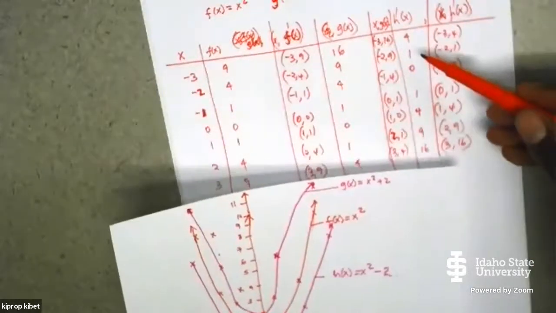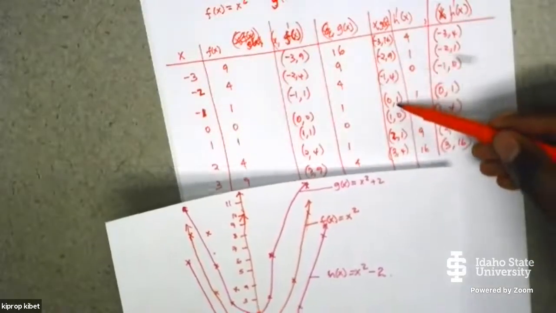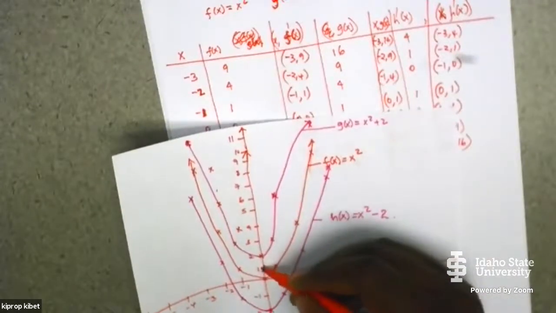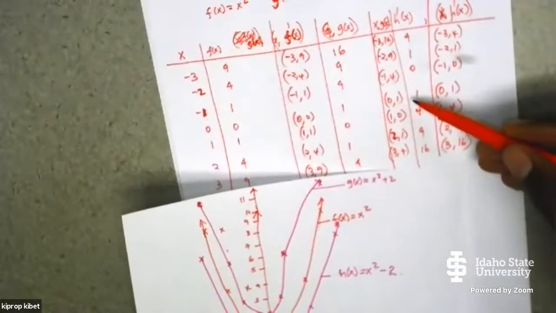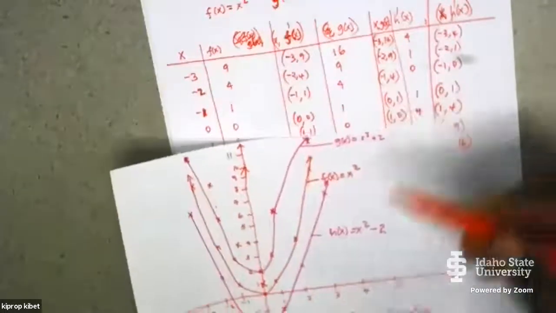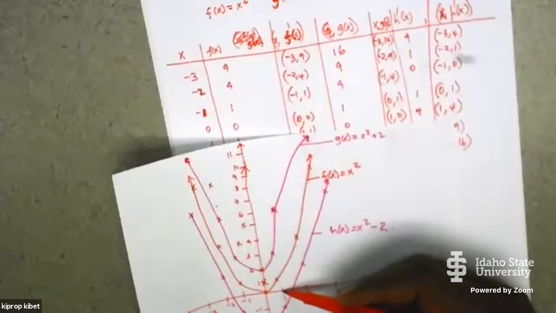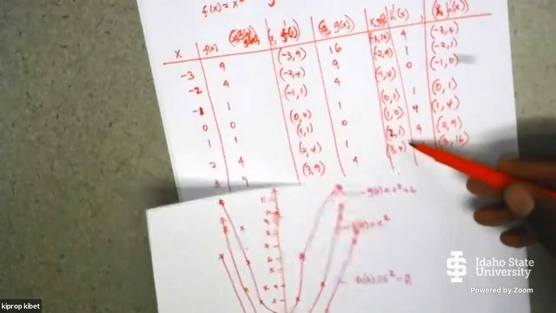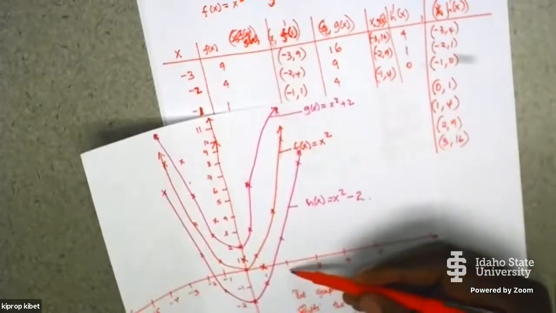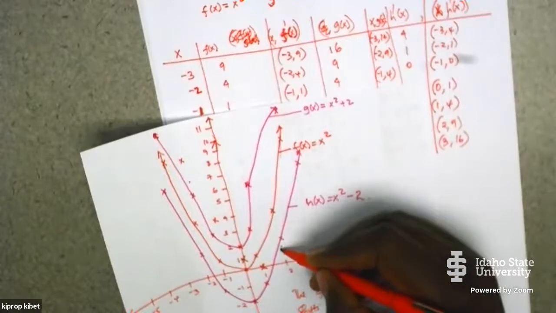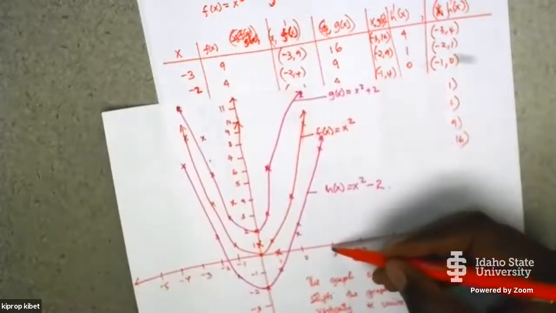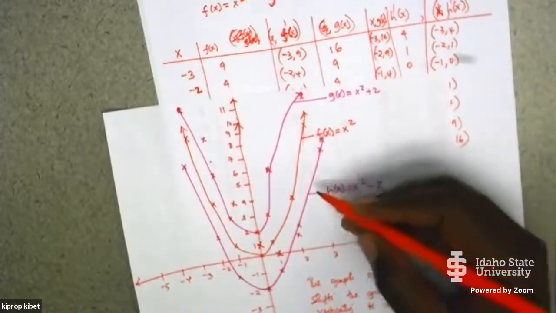Then 0 and 1 is here. Then we have 1 and 0. 1 and 0 is here. And then 2 and 1 is here. And then 3 and 4 is okay.